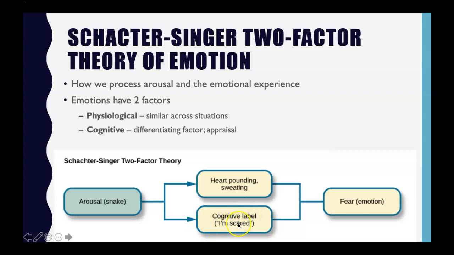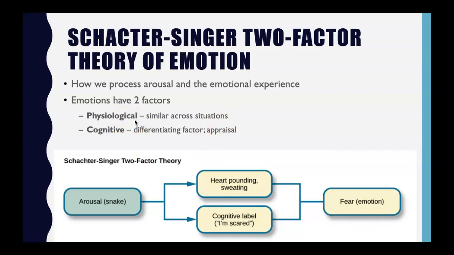Whereas the cognitive label implies that we are consciously thinking about the different physiological responses, which in turn, these two factors will lead to the development of the emotion. So the physiological response is going to be similar across situations.